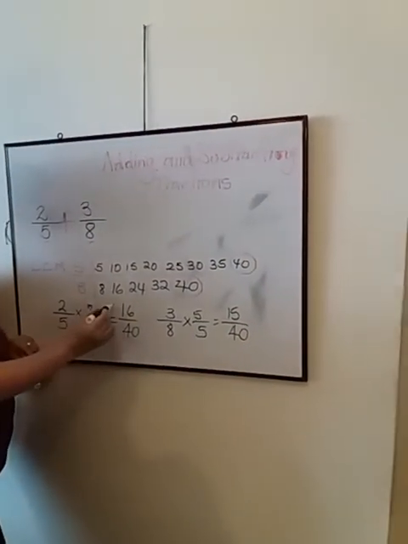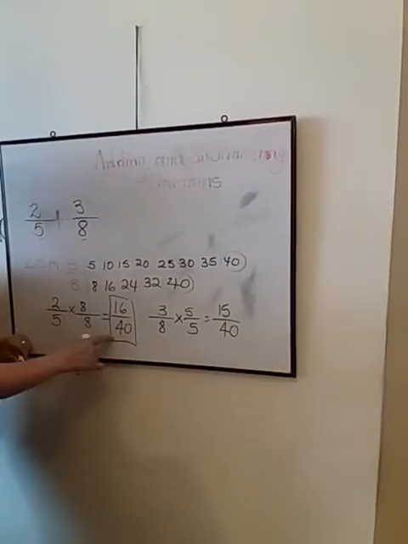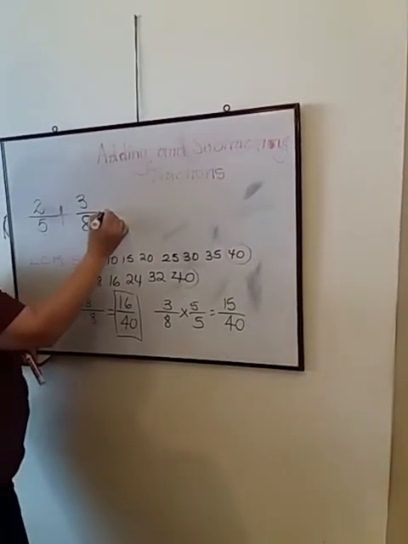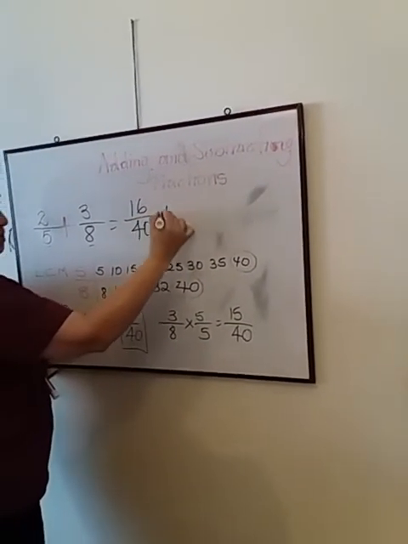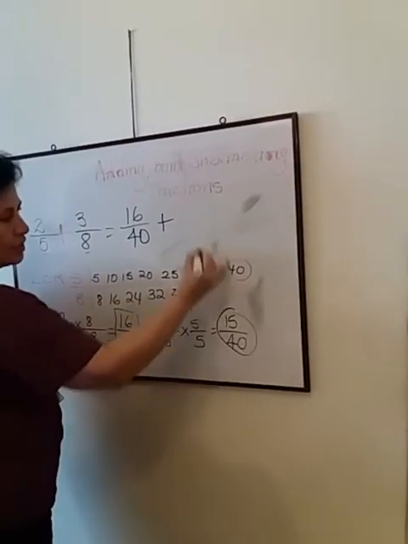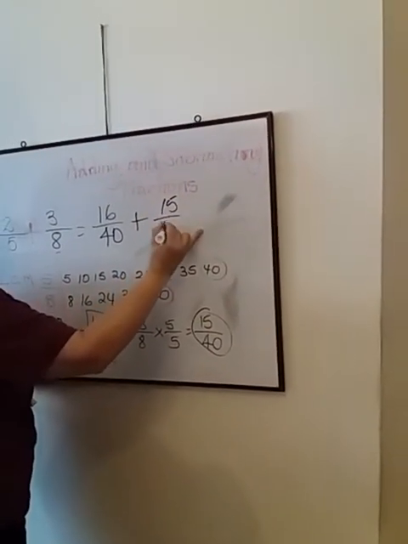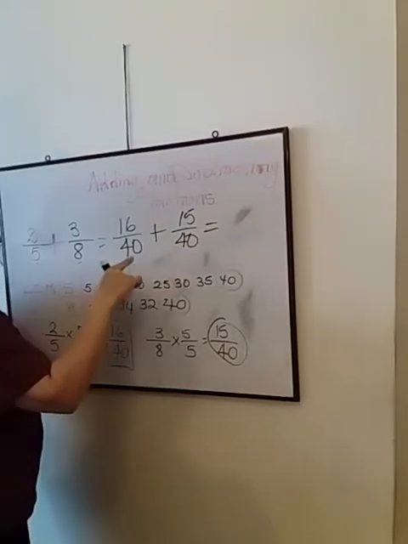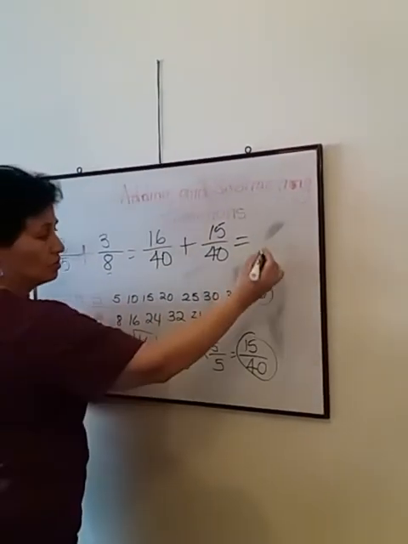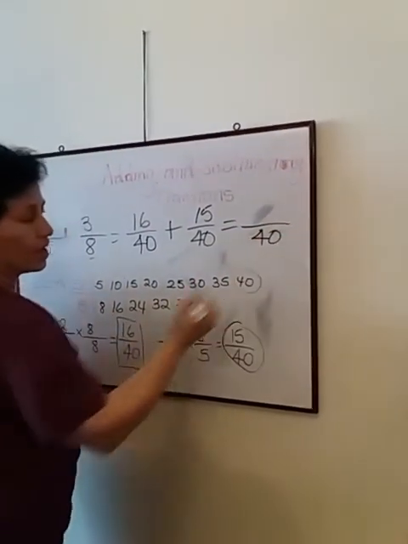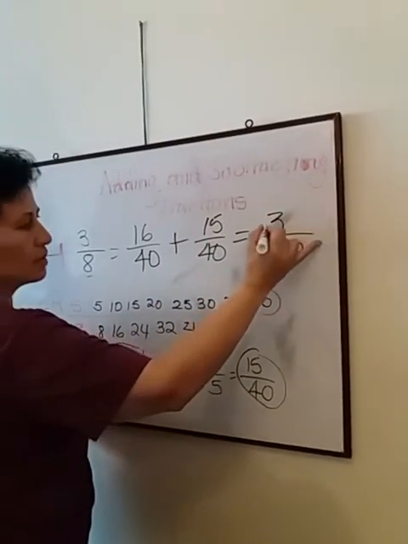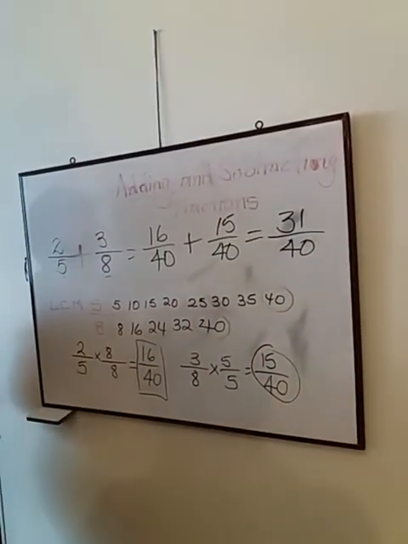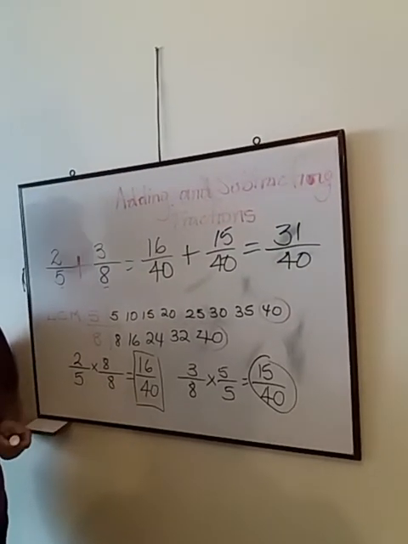Now I can replace 2/5 with 16/40, plus 15/40. The denominator is the same. 16 plus 15, 31/40, and I find the answer.